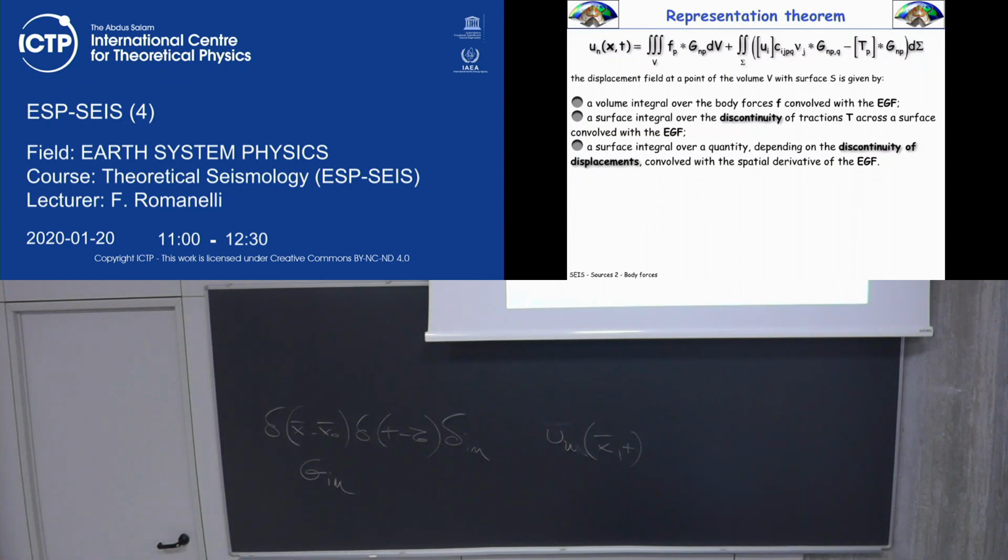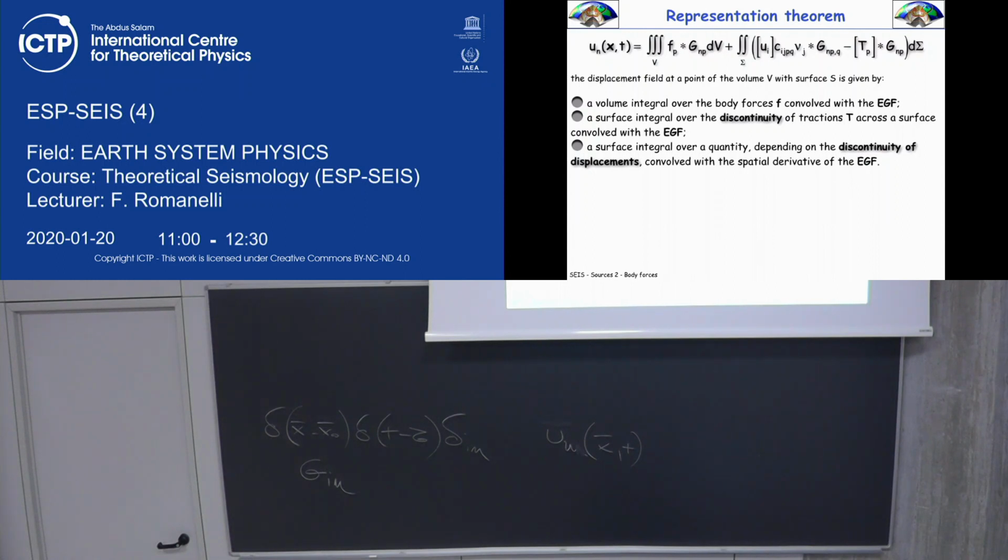Plus some additional terms. Due to what? Well, due to the elastic forces inside the body. What are the elastic forces? They are embedded in two quantities that are related to the discontinuities that could be present inside the body, like traction discontinuity or displacement discontinuity, over some surface that for us is a fault.